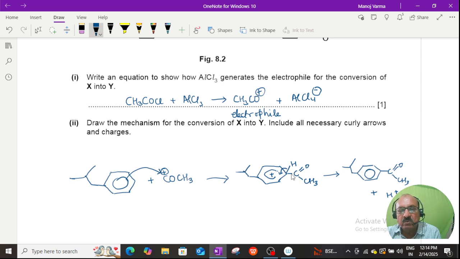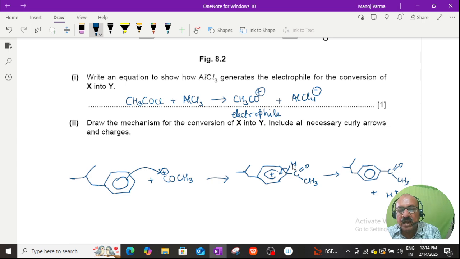So this is how a covalent bond is formed using the electron pair from the benzene ring, and therefore the benzene ring no longer remains complete because one electron pair has been used up. So it forms an incomplete ring which is unstable and now has a positive charge.